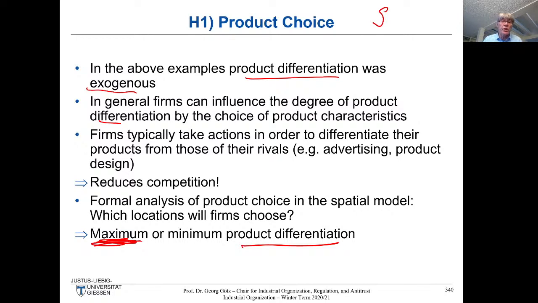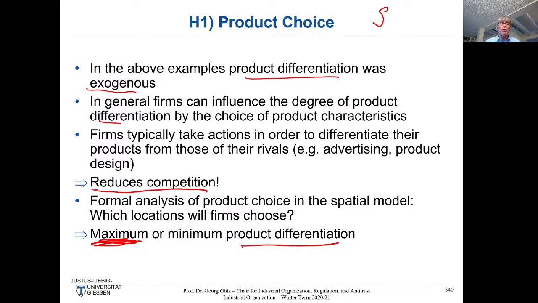That's what we see. They advertise, they try to get a different product design from what their rival does. At least Apple always tries to be different from their rivals. And the important thing is that these activities to differentiate the product typically reduce competition.